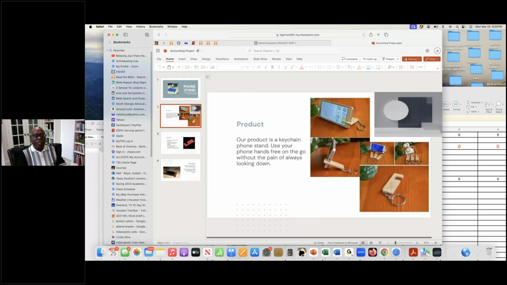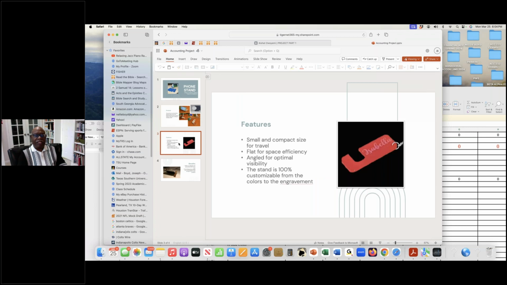And it's a keychain phone stand. So it keeps your hands free. I'm not sure what the key has to do with this. Small and compact, flat, angle for optimal visibility. The stand is 100% customizable.